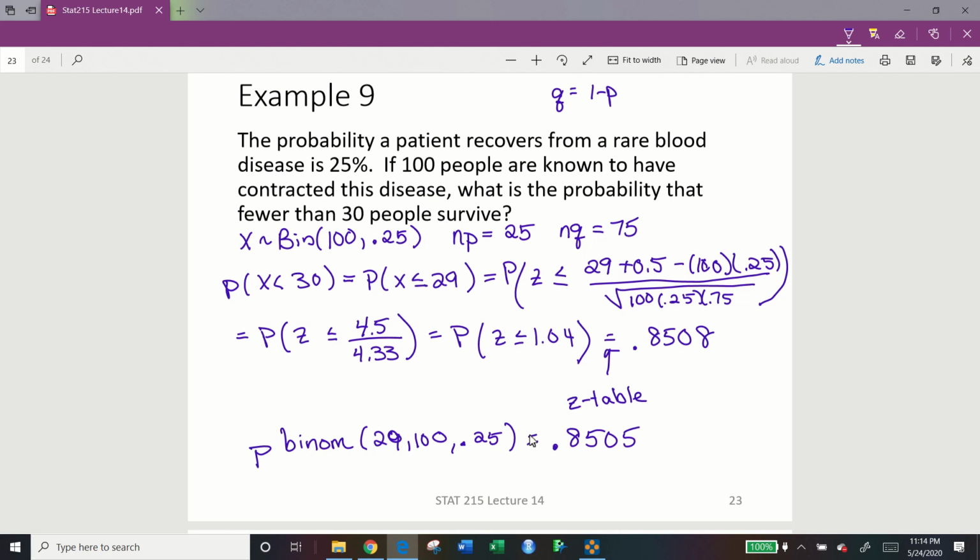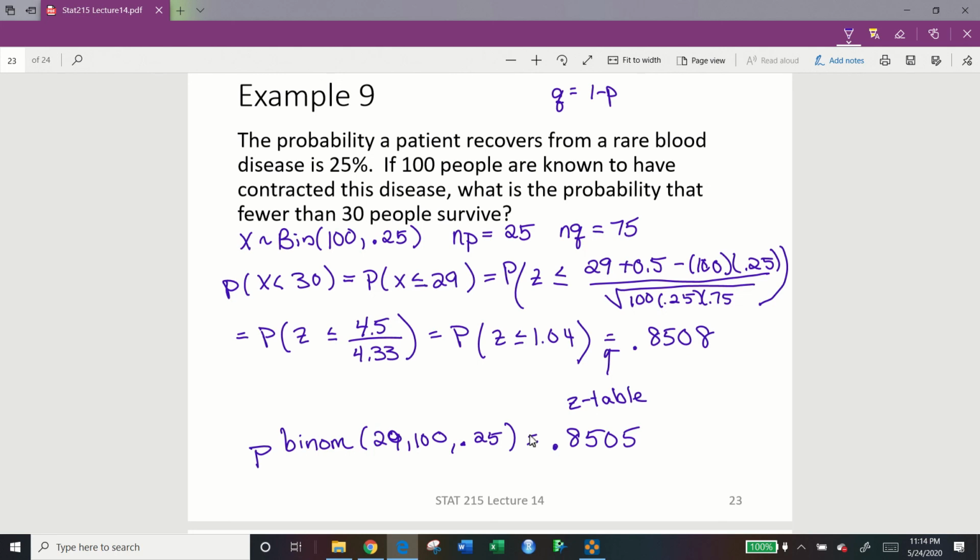So like I said, this is still pretty close, but it's certainly a lot easier to use the z-table approximation than trying to directly calculate the binomial distribution.